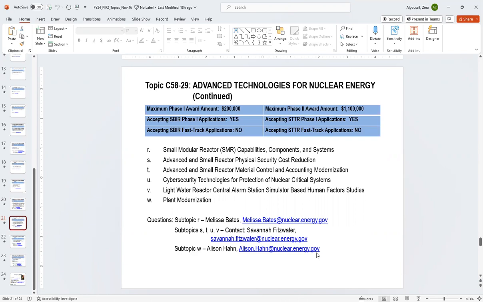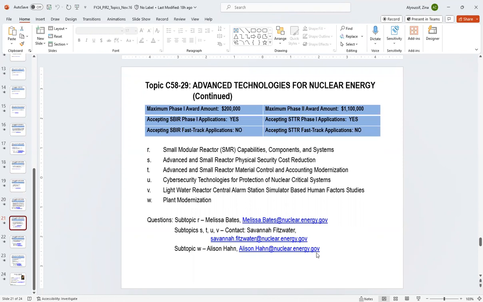Some things that we're specifically not looking for are new SMR reactor design concepts or instrumentation control capabilities, sensors, remote operation concepts, fuel design and development, and spent fuel storage and handling. Many of those topics have their own unique topic area, and we're trying to draw a line in between the interest areas.